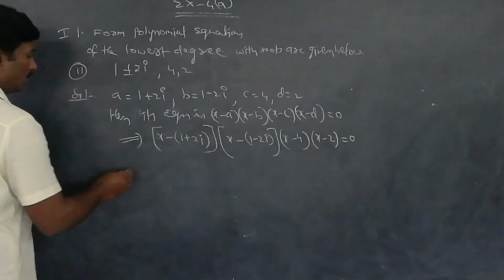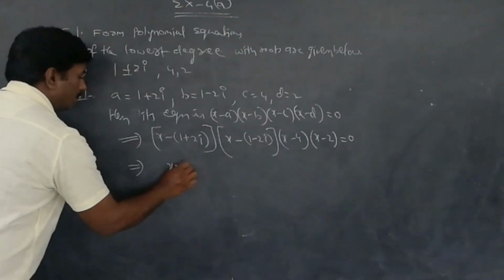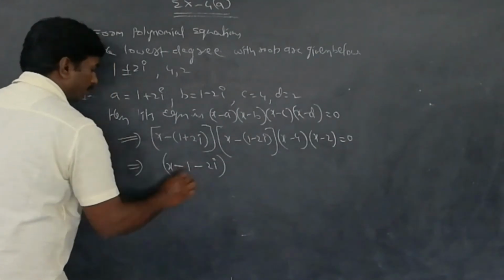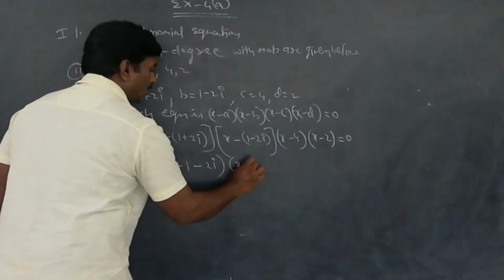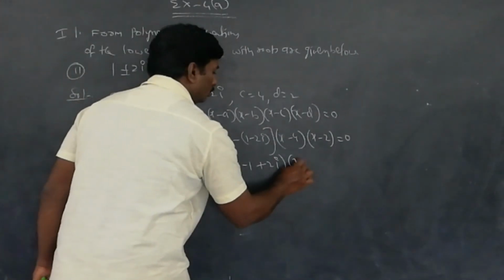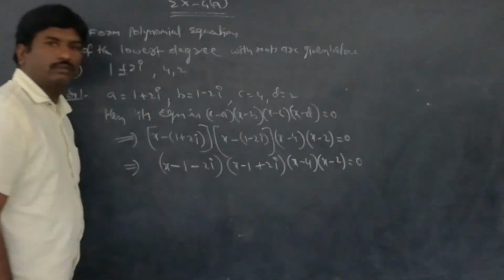Clear? Now see, I am opening the brackets of these two. So it becomes x minus 1 minus 2i. This is the real part, this is the imaginary part. Here x minus 1 plus 2i, into x minus 4 into x minus 2 equal to 0.